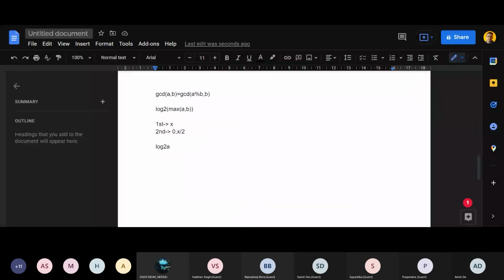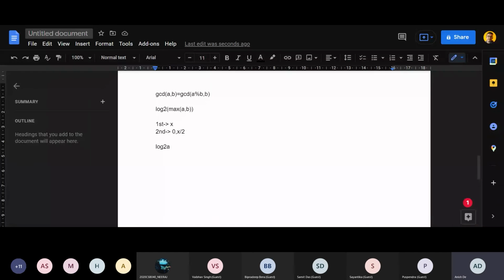So the time complexity is log base 2 of the maximum of a comma b. Since here the maximum is a, the time complexity will be log base 2 of a. If the maximum was b, we would have written b. That was a good catch.